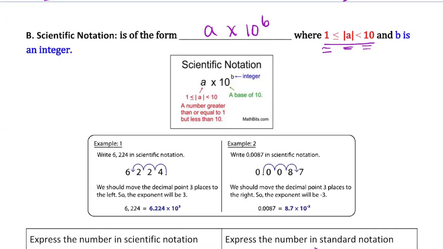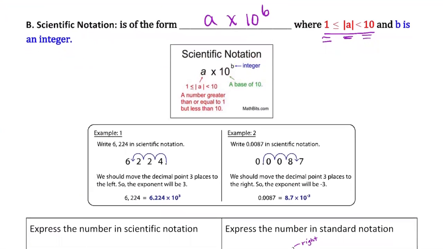This is rewritten here in this box for you, a little bit nicer. In order for us to get something in scientific notation, what we do is we move the decimal so that we get a number between 1 and 10. Then for every place that we've moved the decimal, we've basically multiplied it by 10 or divided it by 10, which would be 10 to a negative number.